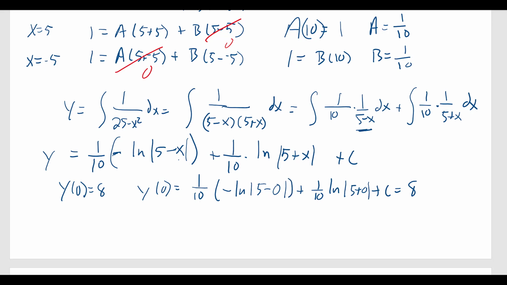I'm forgetting the parenthesis here. So we have, bring this through, negative 1/10 natural log of 5 plus 1/10 natural log of 5 plus c equals 8. These just subtract out then. So c equals 8.